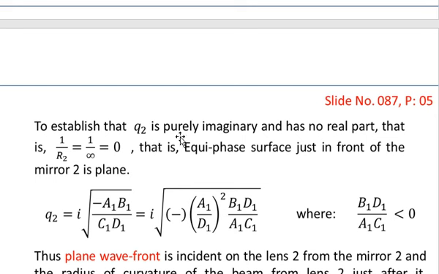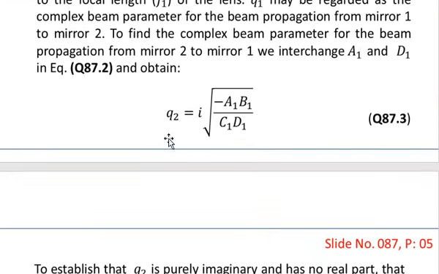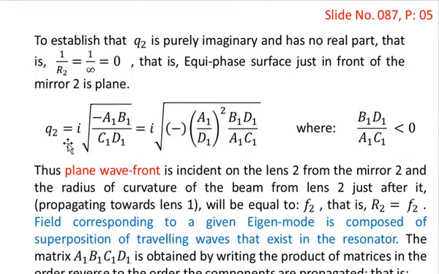To establish that Q2 is purely imaginary and has no real part, that is 1 over R2 is equal to 1 over infinity is equal to 0, that is, the plane wave front incident on the lens 2 is a plane wave front, that is, the equiphase surface just in front of the mirror 2 is plane. Then you know that we can write this Q2 in a slightly modified form. So Q2 is equal to iota times the square root of minus A1 B1 over C1 D1.